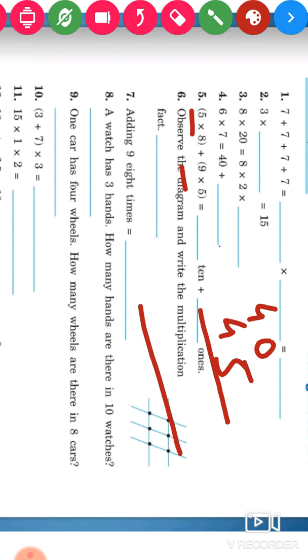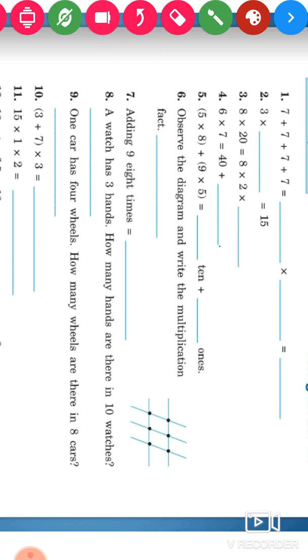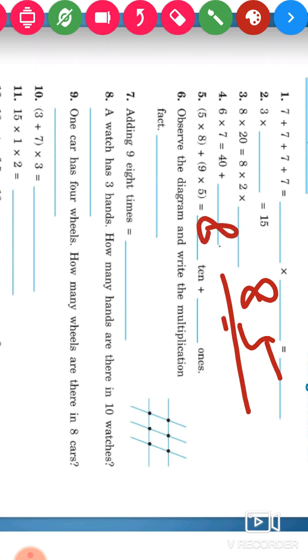Now add 40 and 45. 5, 8. We have got 85 as our answer. Now in 85, how many tens are there and how many ones? In 85, we are having 8 tens and 5 ones.